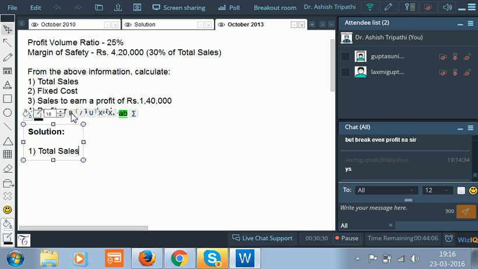The first thing that they are asking is about total sales. Now, how to get the total sales? By which information we will be able to get the total sales? The first information given to us is profit to volume ratio, 25%. The formula for PV ratio is contribution upon sales into 100.